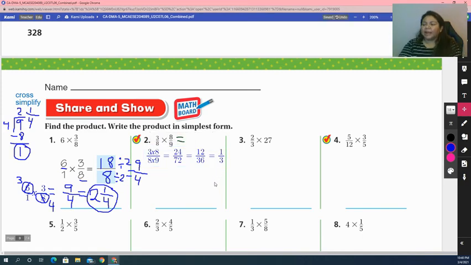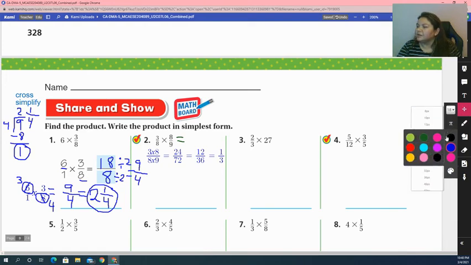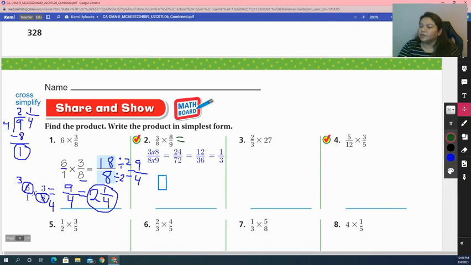Now, let me show you what happens when you cross simplify. Let me show you how much easier this gets. I'm going to rewrite my fractions here, and I'm going to make it bigger now because you will see how it's easier. Let's change color so you can differentiate from the one I was working on.